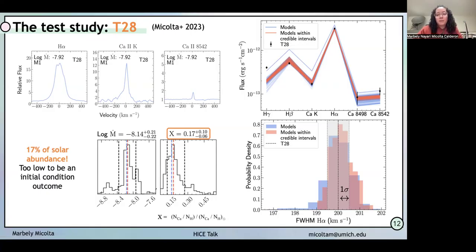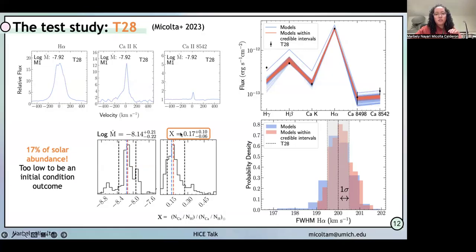But for that to happen, we needed to lower the calcium abundance of the accretion flows. We couldn't find a combination of parameters with solar abundance, which is what is expected for this type of star, unless we lower it. And it was a significant change.